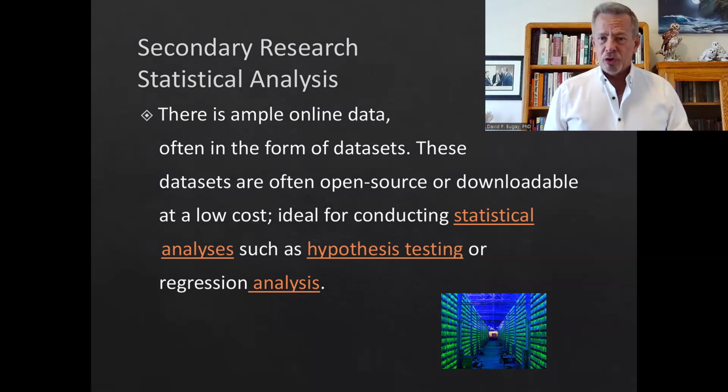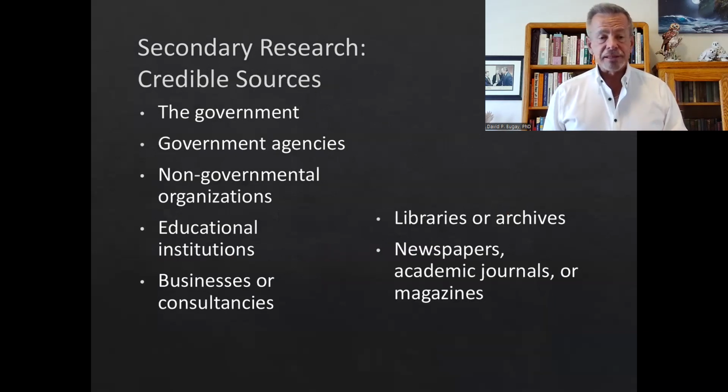Keep in mind, low cost doesn't always mean high quality, so make certain it applies to you. It's ideal for conducting statistical analysis, hypothesis testing, or regression analysis. Feel free to look more into this, but the reality is you're going to go shopping for data that's already out there, especially if you're going to use it for any type of testing or analysis.